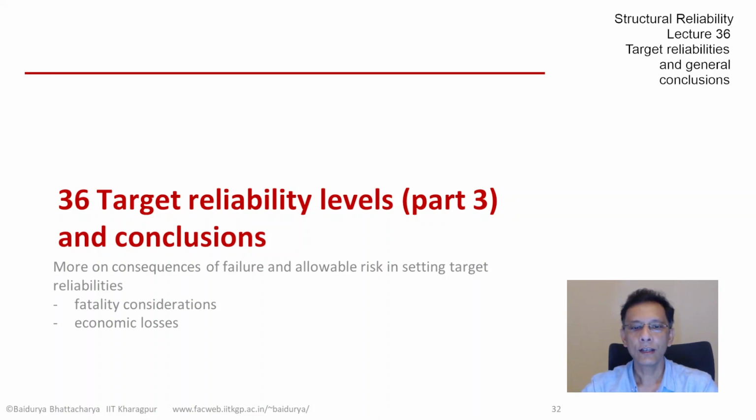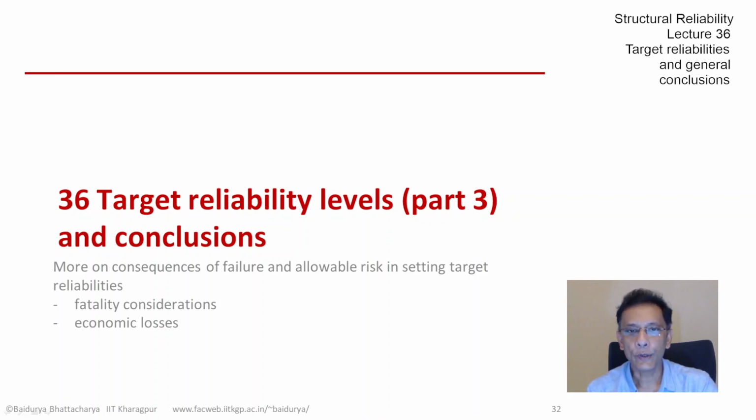We have arrived at the last lecture of our course on structural reliability. We have learned how to model uncertainties, how to define limit states and frame reliability problems, how to compute failure probabilities, and how to derive factors of safety in a reliability-based design.